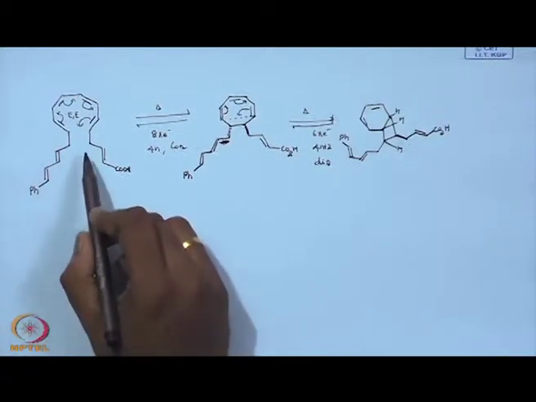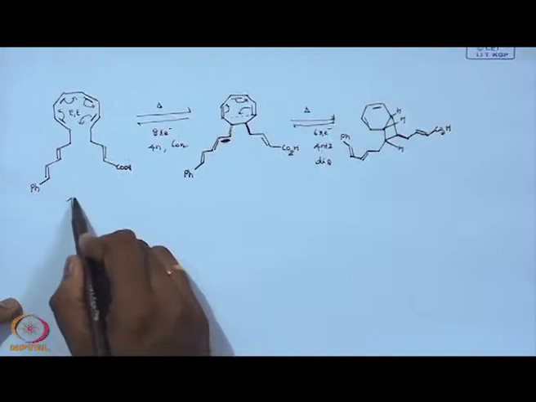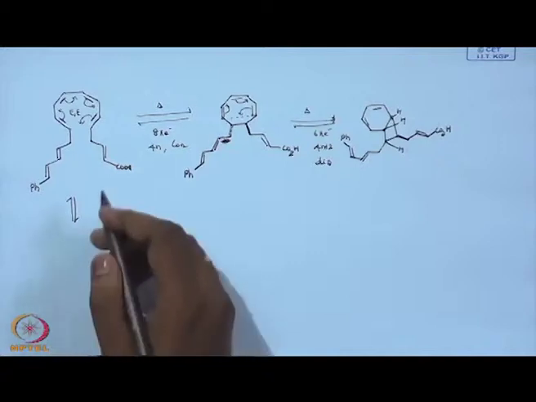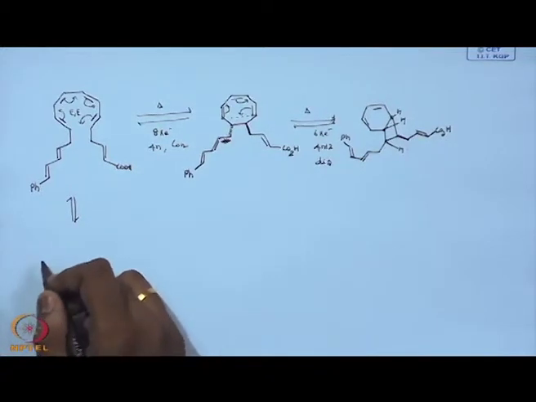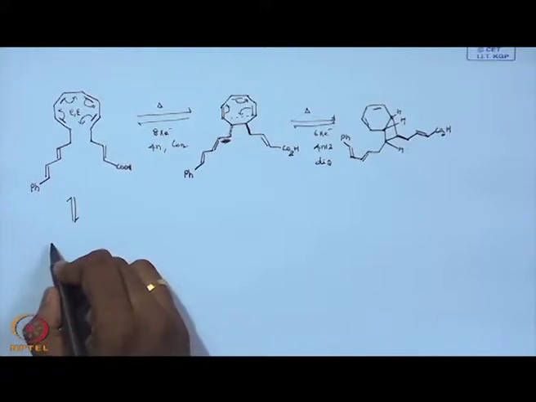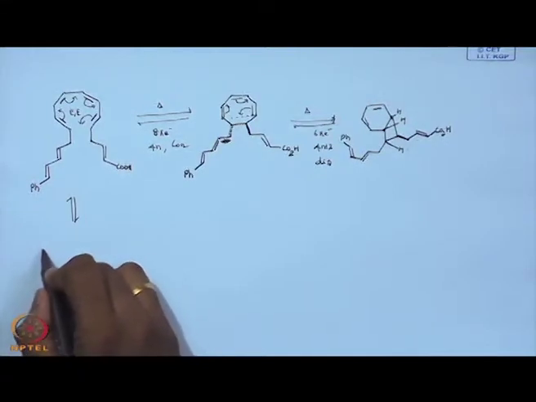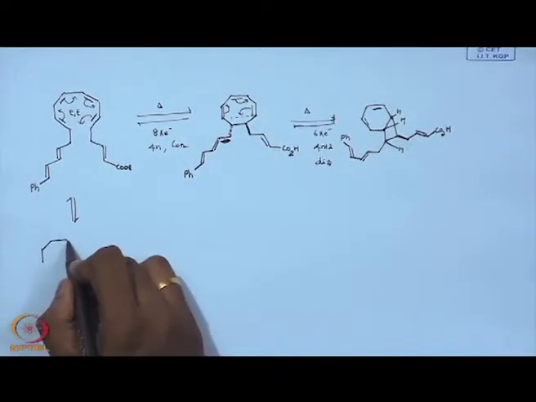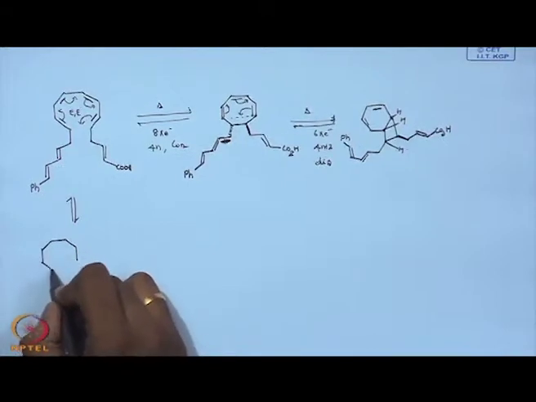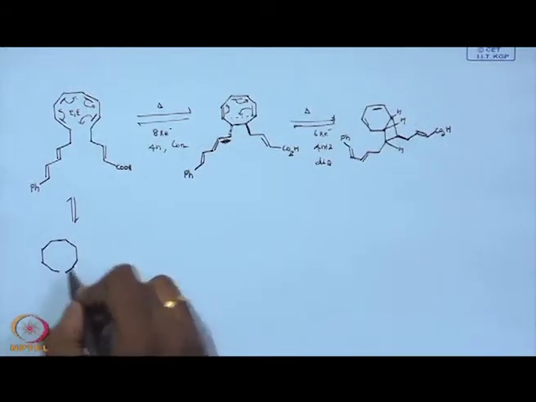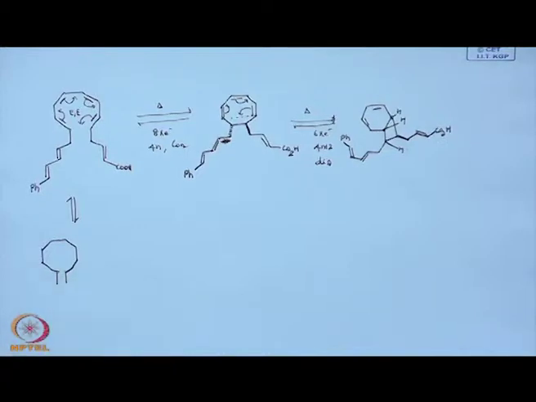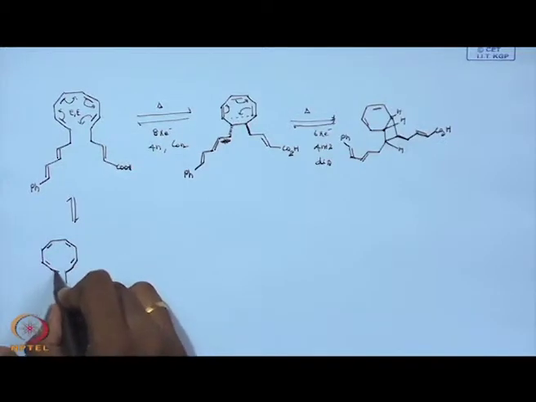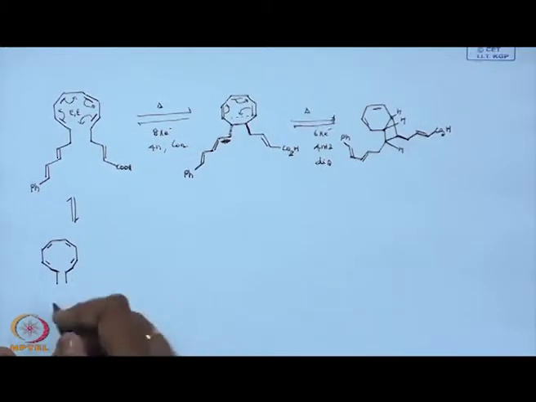Same way I can say that for this E, can I write the ZZ form? Yes, because I have shown you in the earlier class, you can easily draw the ZZ for this guy. So you get this one. So you have a double bond.